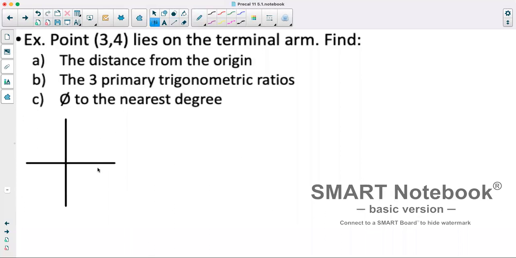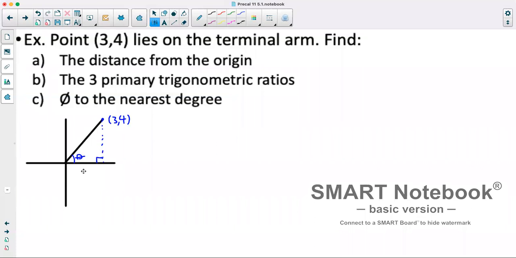We'd then figure out where roughly (3, 4) would be. We'll draw our terminal arm to that, and then draw a vertical line to help us form a triangle. This right here would be our actual angle.